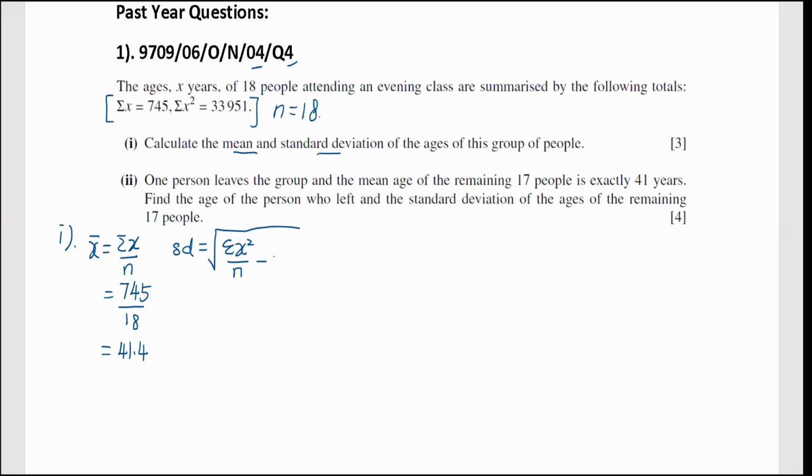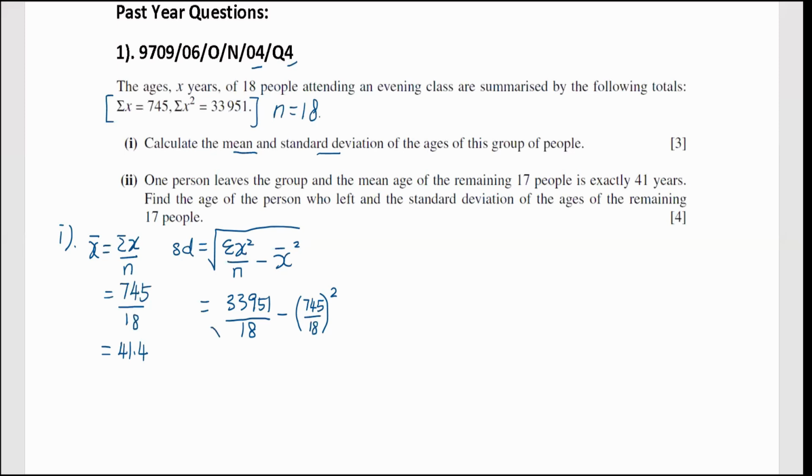Right, I write down the formula. Then we put in the values one by one. So sigma x squared is given as 33951, then divided by 18, minus the mean, right? The mean 41.4 is a rounded figure, so it would be better if we take the exact value, 745 divided by 18, as the mean.